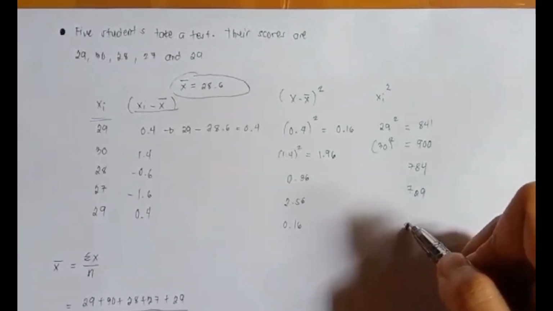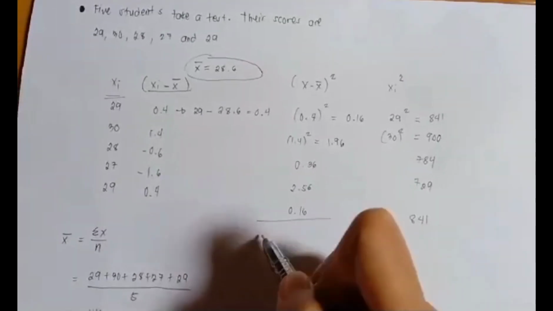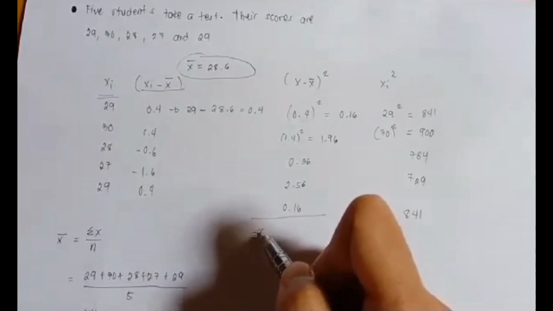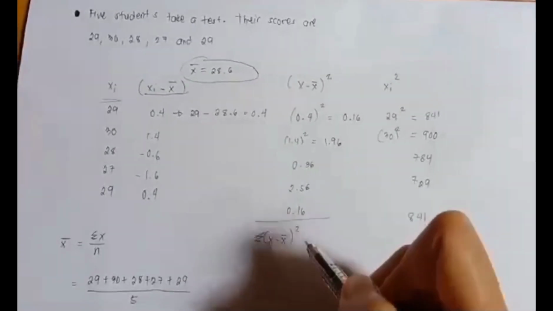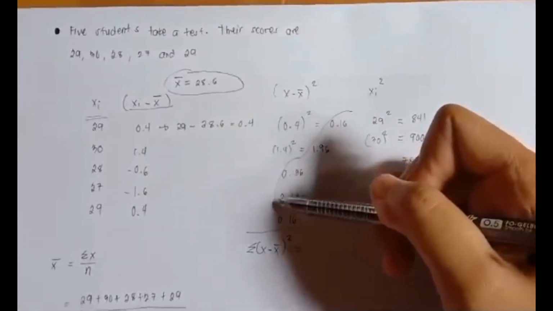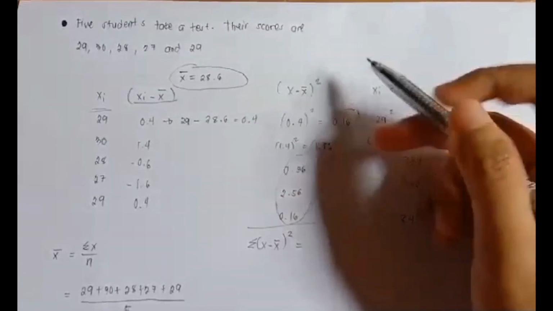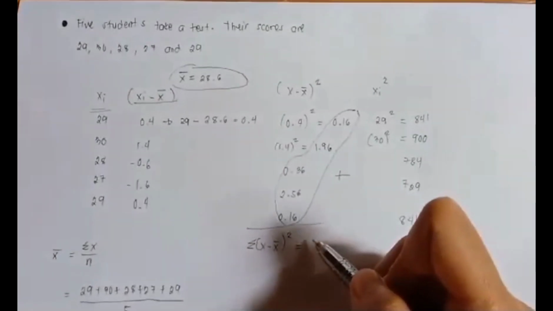And 29 squared is 841. Next step is getting the summation of the square of x minus the mean by adding the square deviations: 0.16, 1.96, 0.36, 2.56, and 0.16.